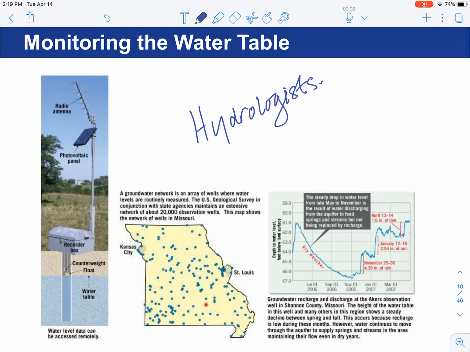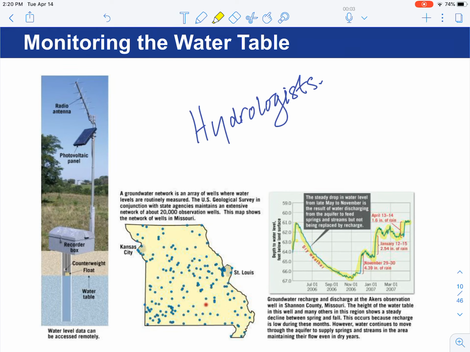So hydrologists will monitor the water table, and what they look for, it's kind of hard to see here, but these are wells across the state of Missouri, and what hydrologists are studying there is the relationship between the water table depth over time and periods of heavy rainfall and then drought, heavy rainfall and drought.